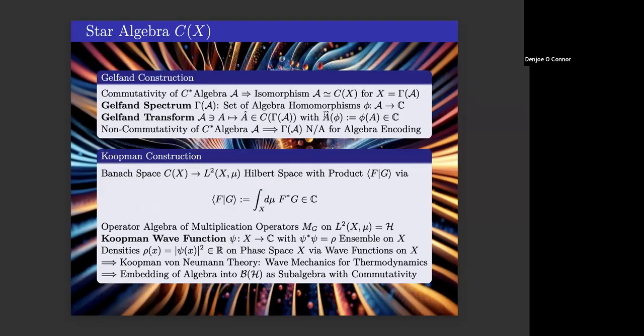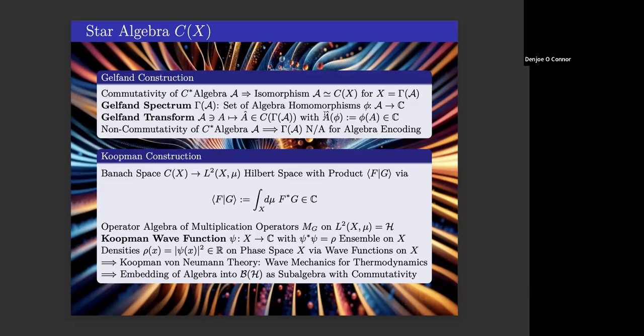So the Gelfand construction says, if you have a commutative C-star algebra, calligraphic A, then there's always an isomorphism. You can always identify this commutative abstract algebra with continuous functions on a compact Hausdorff space. And then you introduce the so-called Gelfand spectrum, which are just algebra homomorphisms from the algebra to the complex numbers. So these are just functionals.